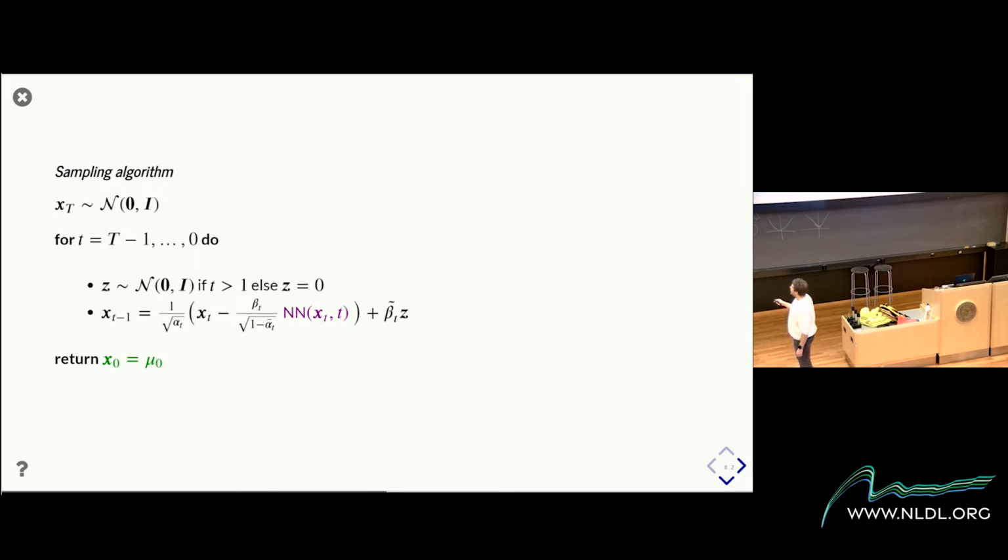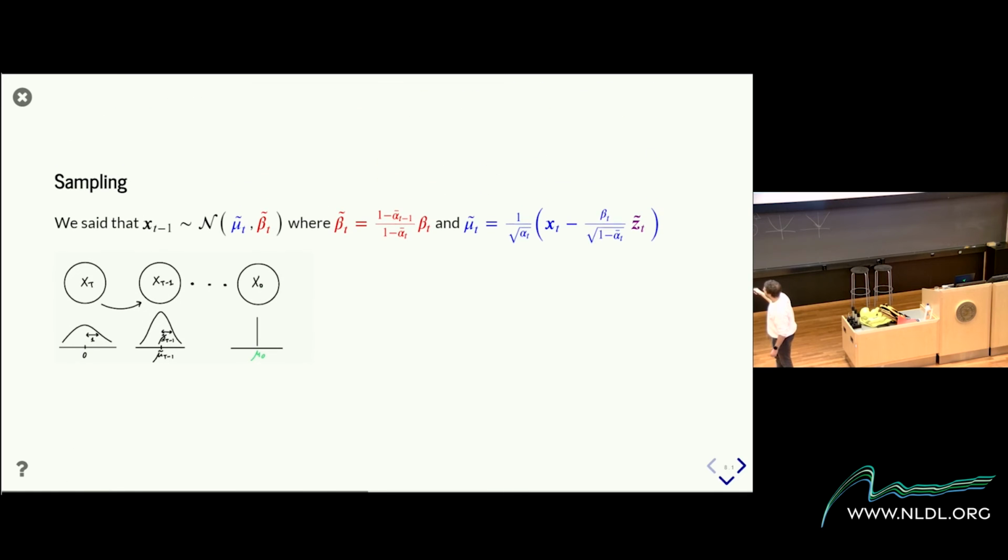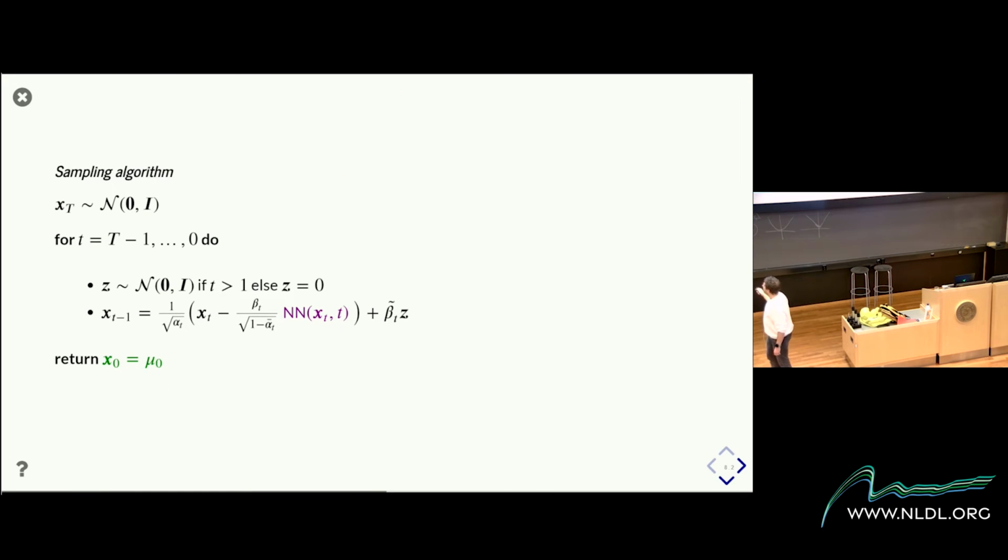And then we generate the next sample. So the next sample is given by this term here that is mu tilde of t. Is this stuff over here? You see, it is the center of the next Gaussian. And you see that here we have also the Z, the noise, which is actually the one predicted by the neural network.